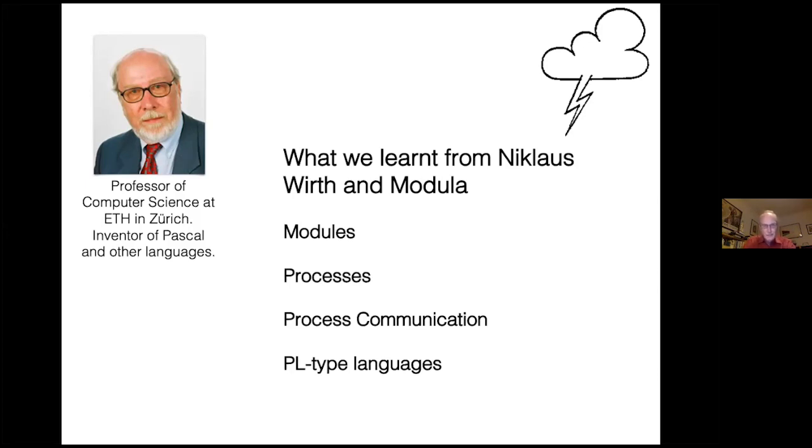You can see some of his ideas: modules, which are design units, and processes, which would be a syntactic concept for handling parallel activities, and then processes had to communicate. And then he also invented PL-type languages. I don't know if you know about them, but that's one of the most fun types of languages there are.